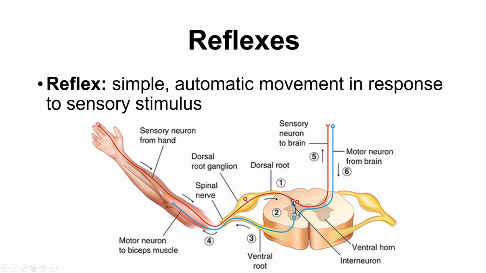But because touching something really hot can cause damage over a long period of time, we want a quick withdrawal. And that's where these interneurons happen. So an interneuron is going to make a snap decision at the level of the spine as opposed to at the level of the brain, and it's going to cause a muscle reflex where the muscle immediately contracts and pulls your hand back from the thing that was causing you pain.